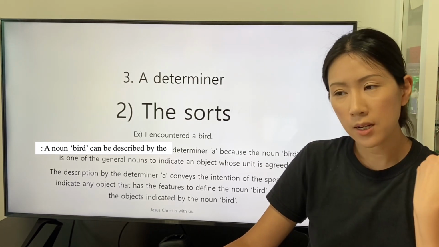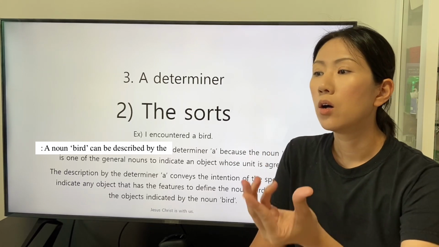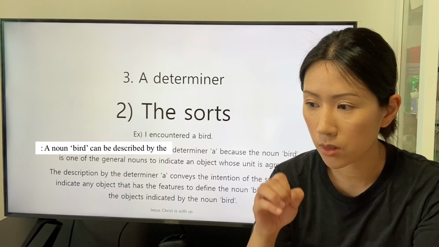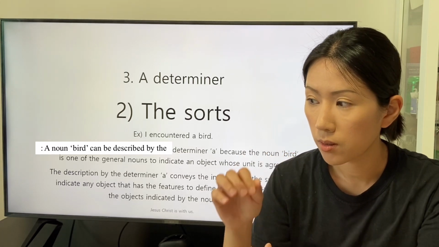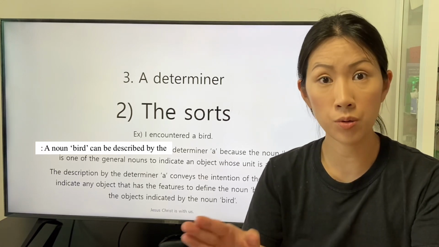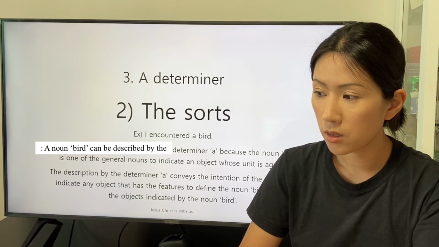The speaker intends to indicate an object that is new to the current context of the conversation.